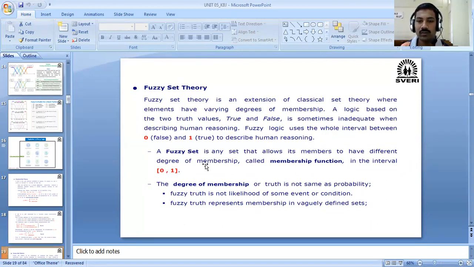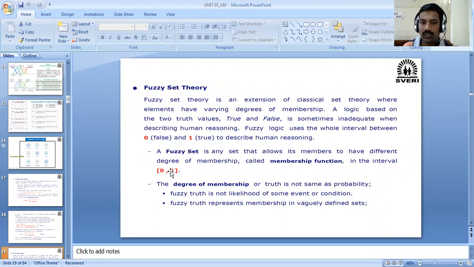Inside that, we can write a membership function between true and false, or between 0 and 1. Membership functions represent degree of truth. In Boolean logic, if true we write 1 and if false we write 0, but in membership functions or fuzzy logic we can write values in between.